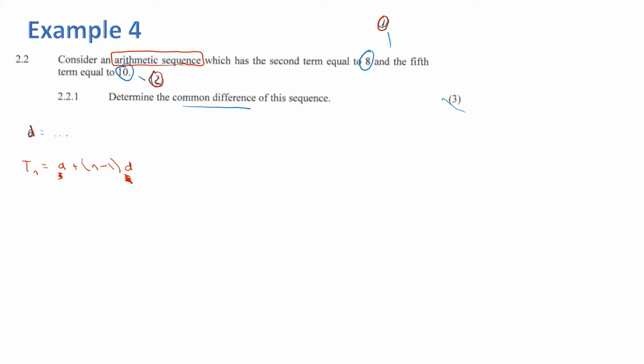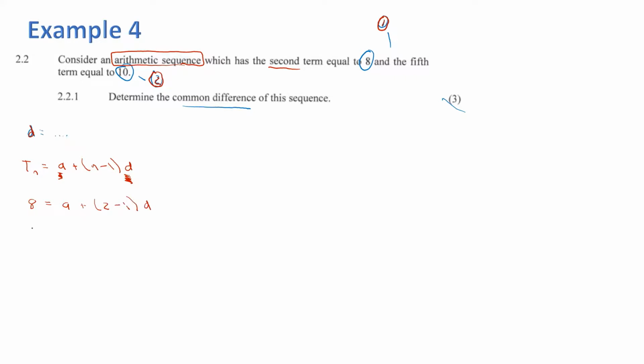I'm going to help you set them up. The first one is the value of this term is 8. A, I don't know. This is the second term, so n is 2, and the value of D, I don't know.